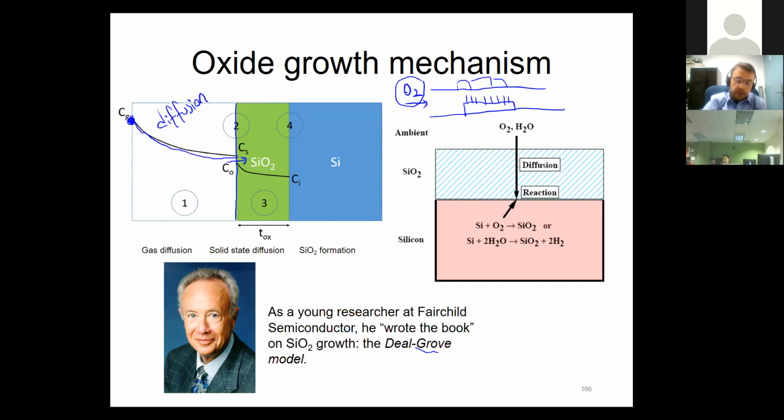So there's going to be an absorption process here taking place at the interface, okay? So not all of the oxidants, not all of the concentration will be able to penetrate. So that's why CS is not the same as C0, that is the one that's inside the silicon dioxide. Well, it will be higher than C0.